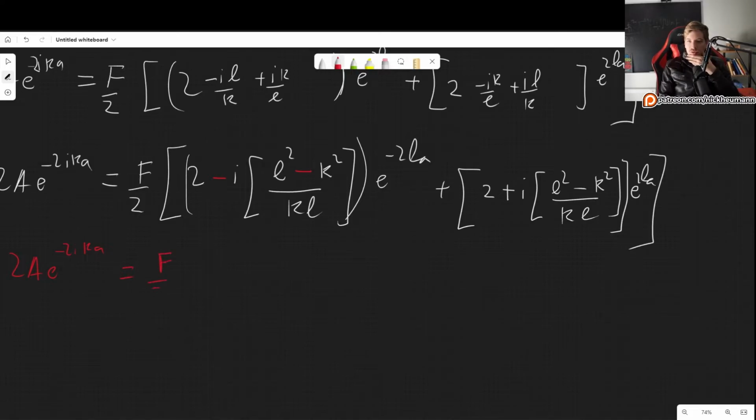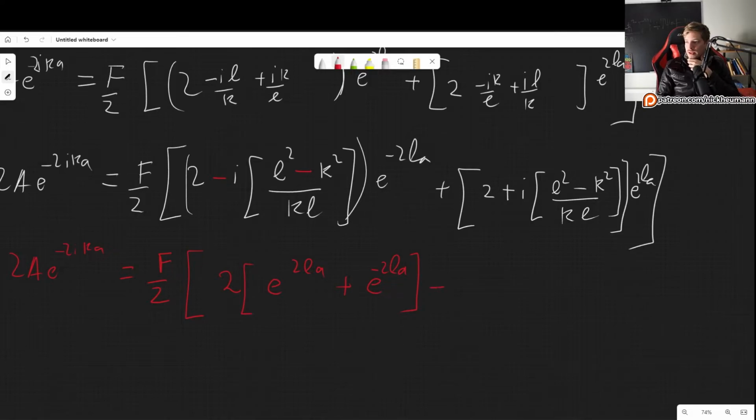So this is f over 2 times, and let's see, now everything that has a 2. So we have 2 factor of e to the minus 2La plus e to the 2La. Actually, let me write it like this, just to make it a bit more suggestive. I'm going to write the positive one first. It's the same, but I want this to be more suggestive as to what will come next.